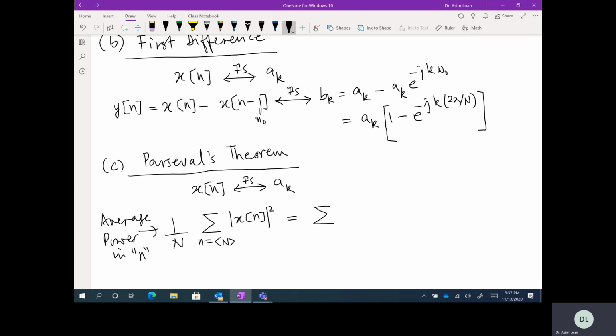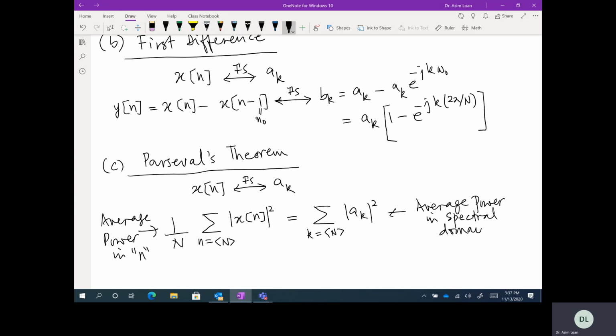It is equal to the sum over one period of |a_k|^2. In the continuous time case, there was an integral over one time period, and the sum ran from minus infinity to plus infinity because the a_k were not periodic. Since here a_k are periodic, we only sum over one period. This is the average power in the spectral domain.